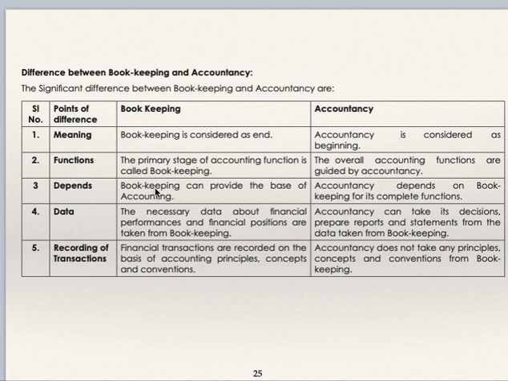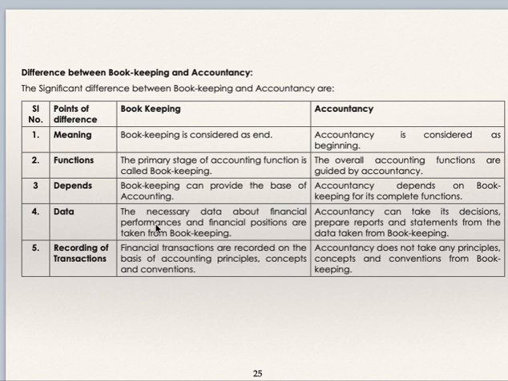Next distinction, bookkeeping can provide base of accounting, and accountancy depends on bookkeeping for its complete functions. So, in short, bookkeeping is a set of primary records which is prepared using various source documents, that is vouchers, whereas accountancy or accounting is based on bookkeeping.